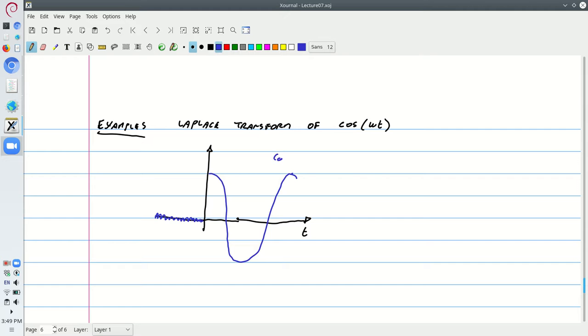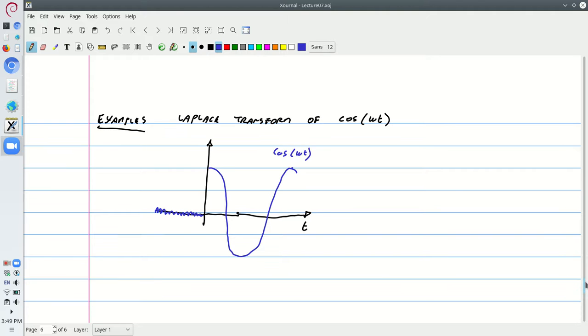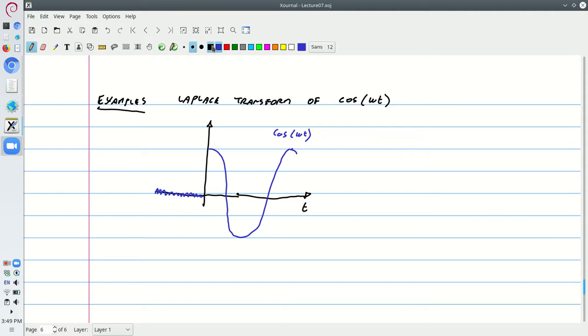So this is cosine of omega t, but only for positive t's. If we applied our definition on this, it would be a little complicated, because we'll have to compute the integral from 0 to plus infinity of cosine of omega t exponential of minus st.